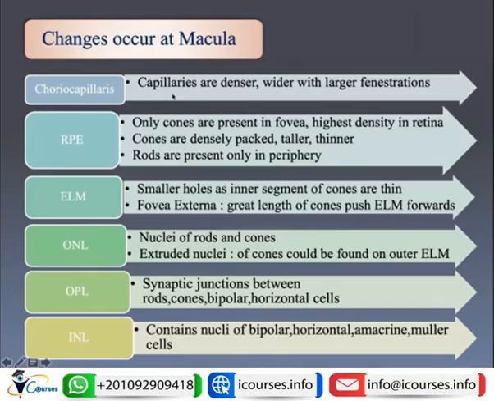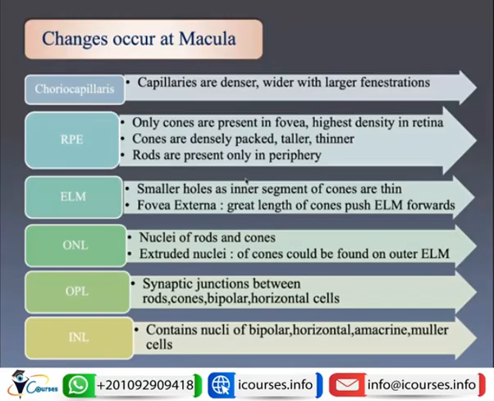So the retinal pigment epithelium and the photoreceptors are supplied by the ciliary circulation coming from the choriocapillaris. In the fovea there will be only cones present, and this will serve to be the highest density in the retina. So the highest density of the cones in the retina will be present in the fovea to support the central sharp vision. So this is the area which is responsible for target fixation.